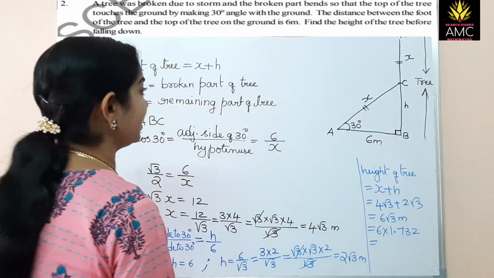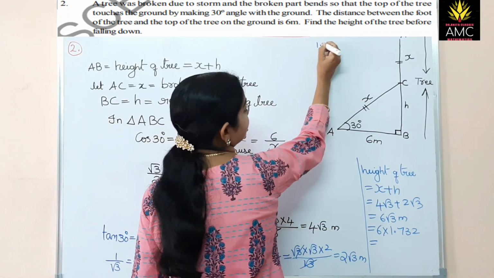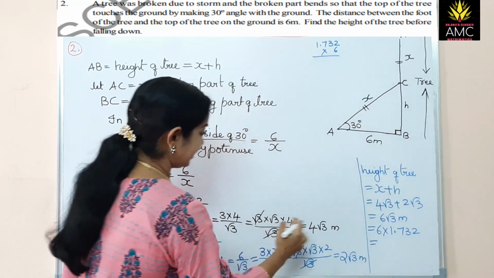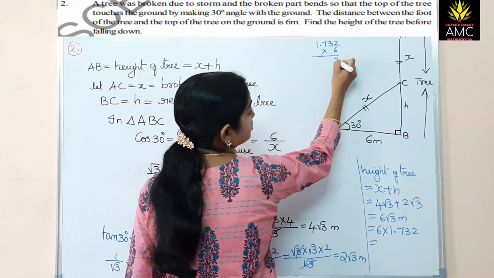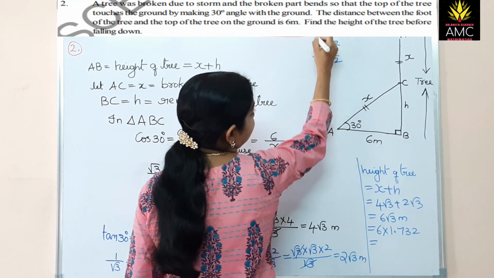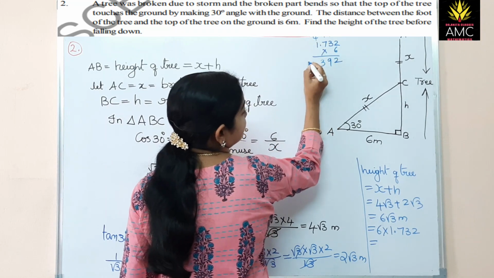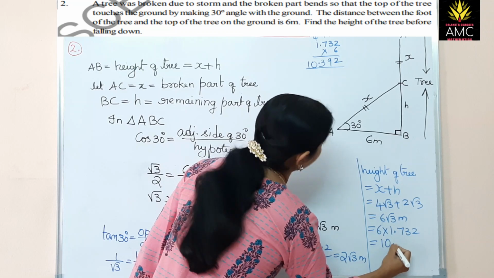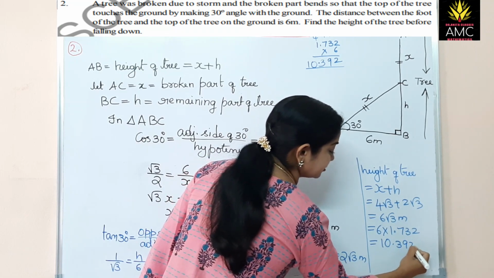This multiplication part, if you do it here, 1.732 into 6. Let me do it here because we don't have any space for the rough part. 6 2 is 12, 18, 19, 42, 43, 10. Okay, after 3 digits that comes to 10.392 meters.